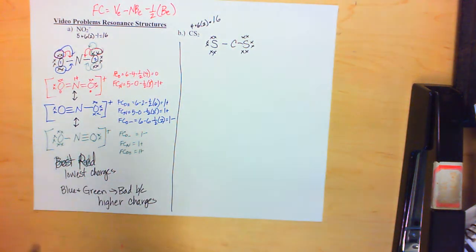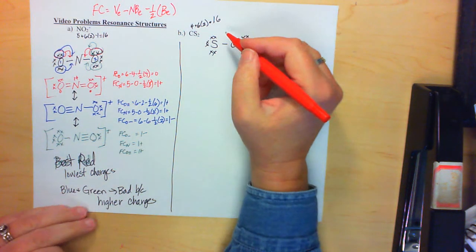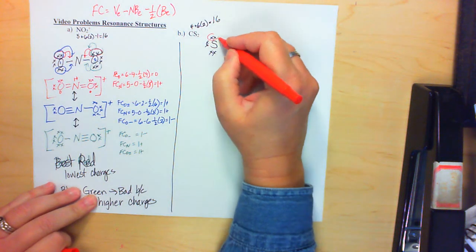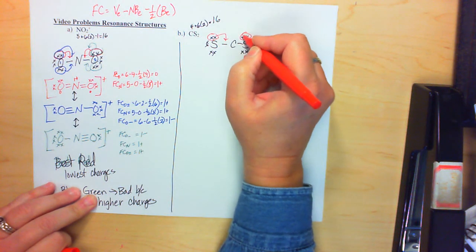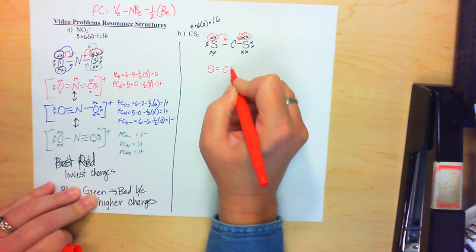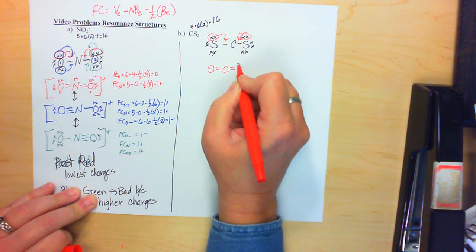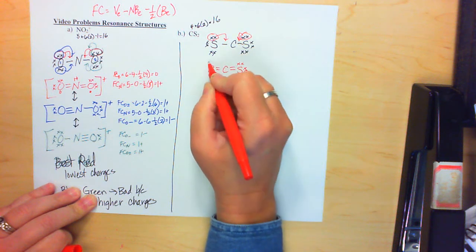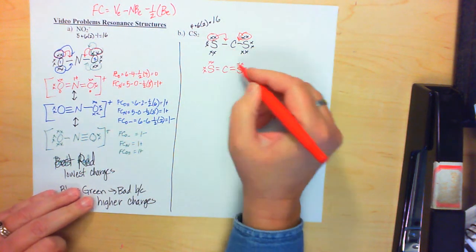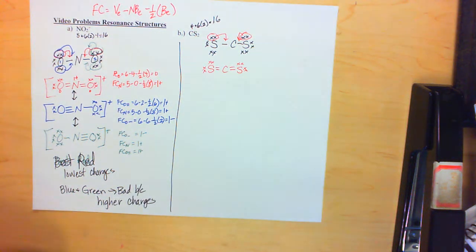So what we're going to do is run the charges. Now again, carbon is not happy, so it can get 1 each from both of them. So sulfur, carbon, sulfur, lone pairs here. And notice it doesn't go in brackets because there's only one.